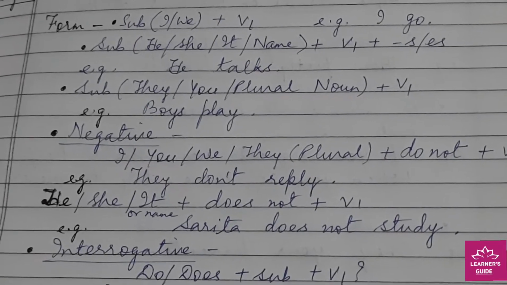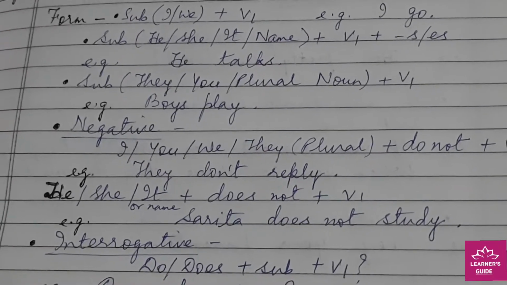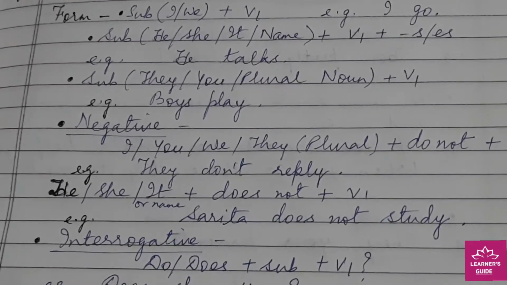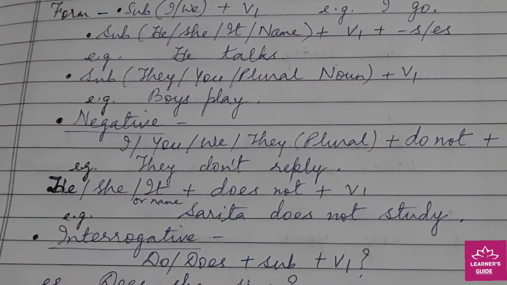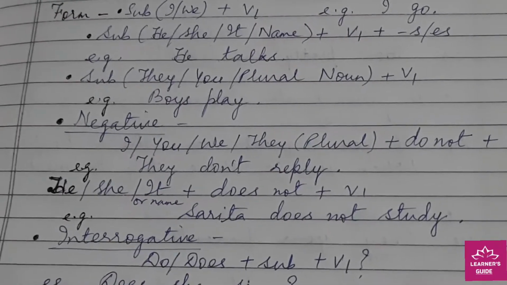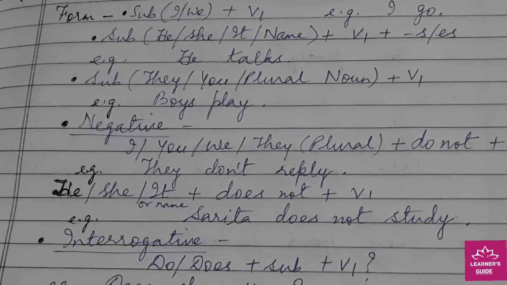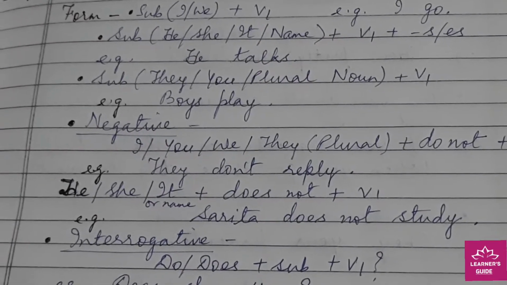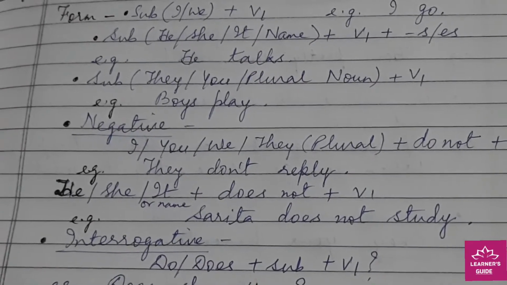Now let's take a few other subjects like the third person. Okay, he is used for masculine gender, she is used for feminine gender, it is used for neutral genders, and anybody's name can also be a subject in a sentence.